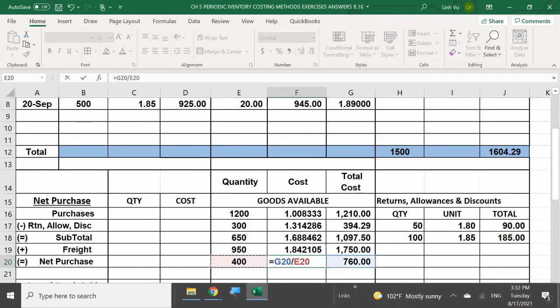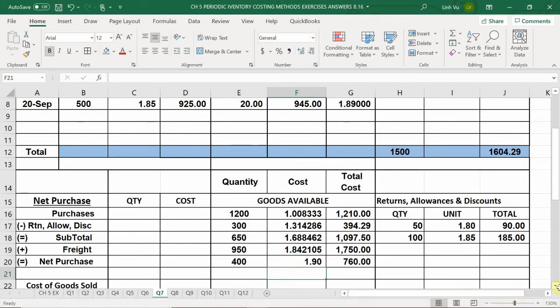So what's going to be my cost per item now? So it's going to be $1.90.